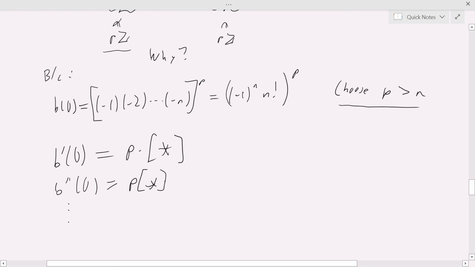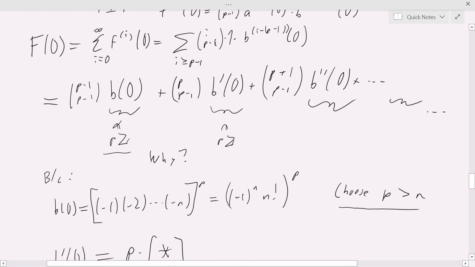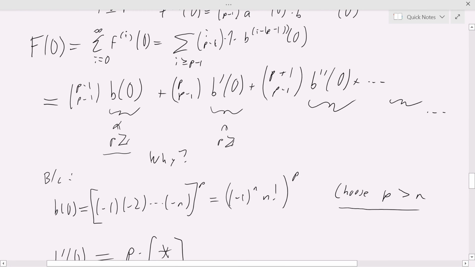So what that means is that if we go back to the entire sum, you see that all the derivatives of the b function have a multiple of p. And keep in mind this is a finite summation. We don't know how far we're going, but it's finite, because even though it looks like an infinite summation, we're dealing with polynomials, which will eventually zero out when you differentiate them enough times.